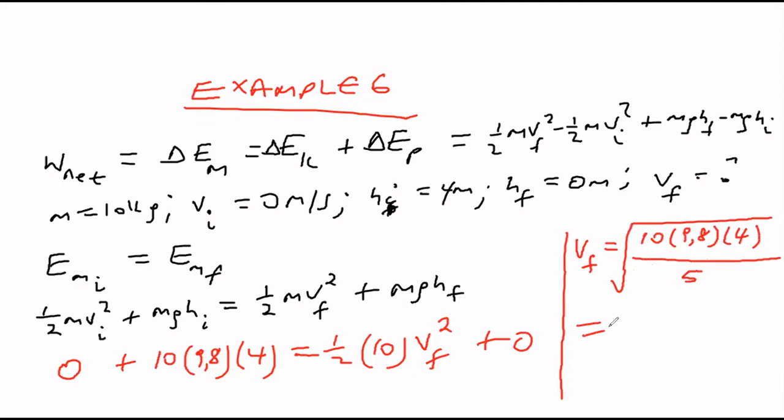The square root of 10 times 9,8 times 4 all over 5 is equal to 8,85 meters per second. That is the speed at the bottom at point B. So now we can substitute to get the frictional force.